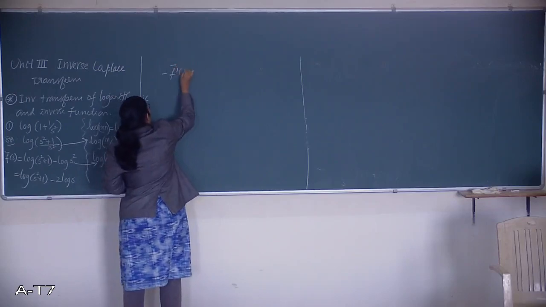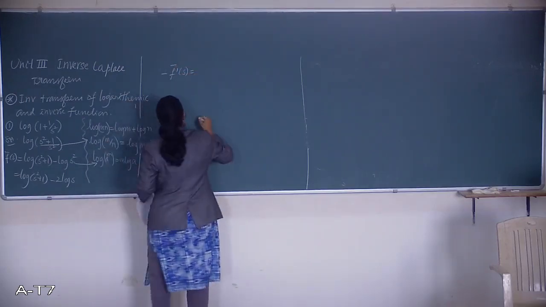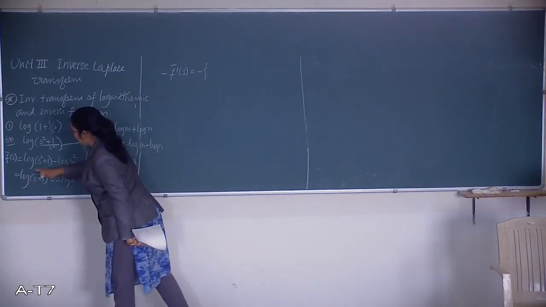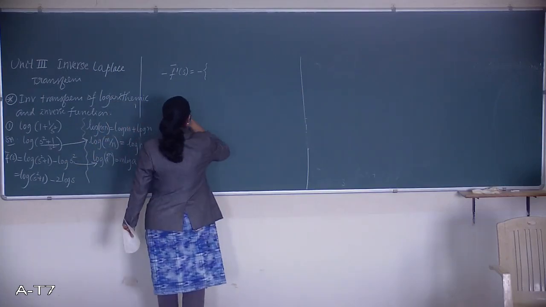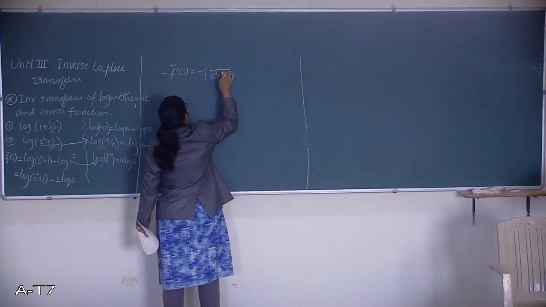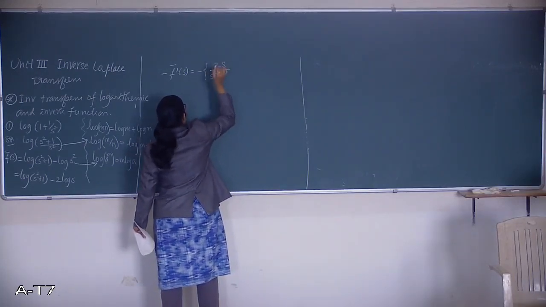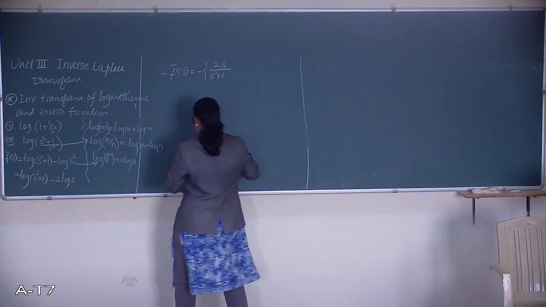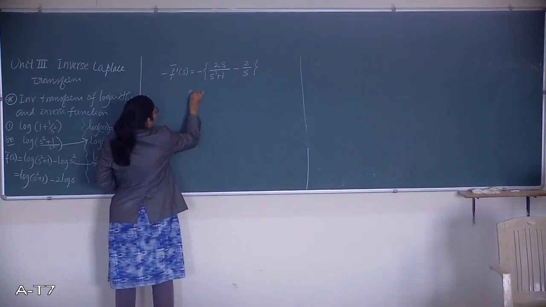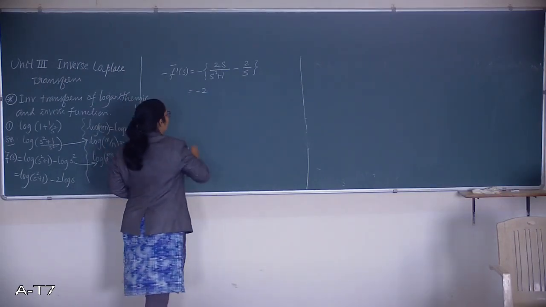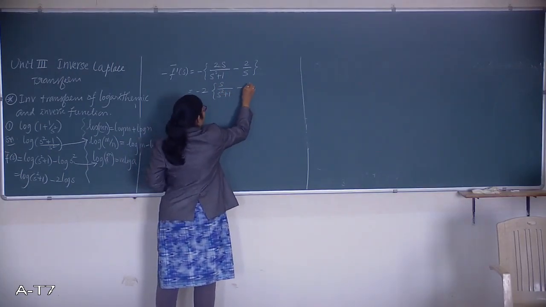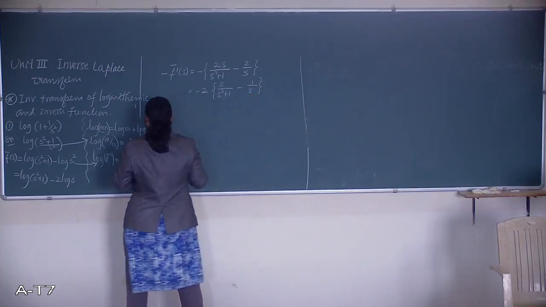So f dash bar of s is equal to, differentiate this, minus sign is there. 1 upon s square plus 1 into d by ds of s square, that is going to be 2s, and minus 2 by s. Here I can take minus 2 common, so that it is s upon s square plus 1 minus 1 by s.